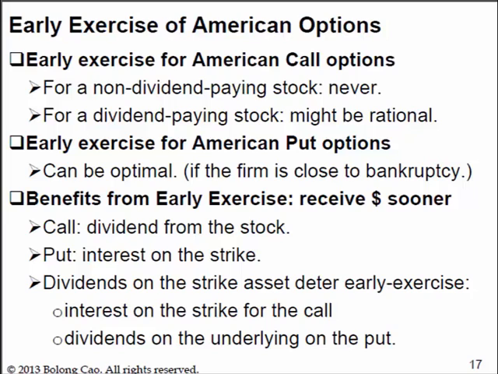So you actually don't want to exercise your put early if there's dividend currently being paid on the underlying. The underlying price is still high, but after the dividend is paid out, you will be able to get a better payoff.